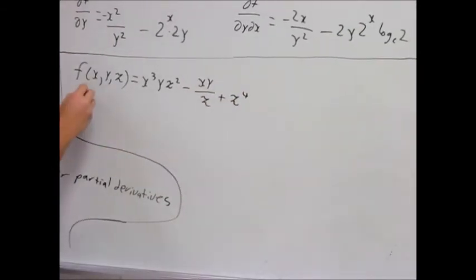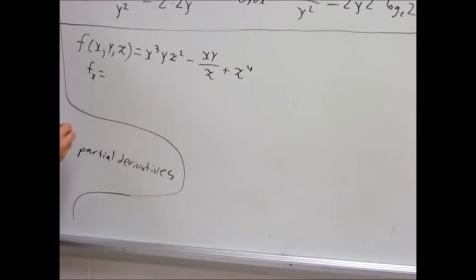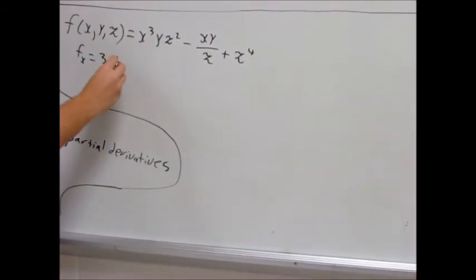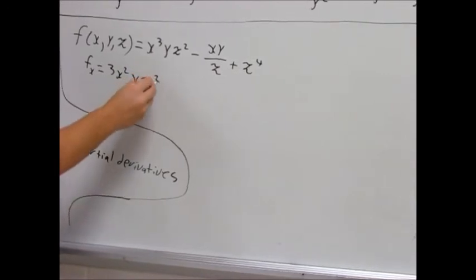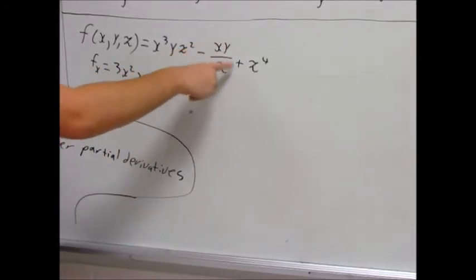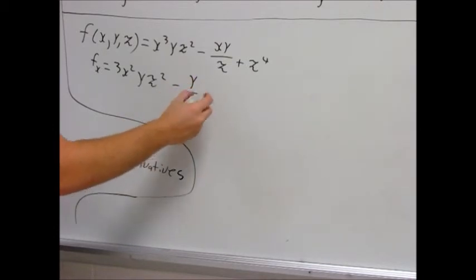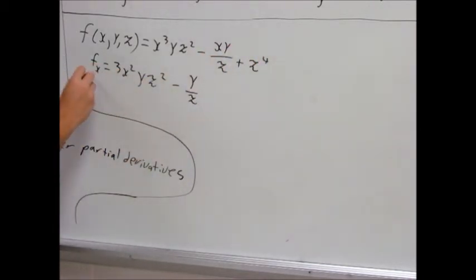So now we can find partial derivative with x. It'll just be 3x squared, and the rest are constants, y z squared, minus, well, this is just constant times x. This is a constant, so it becomes 0.